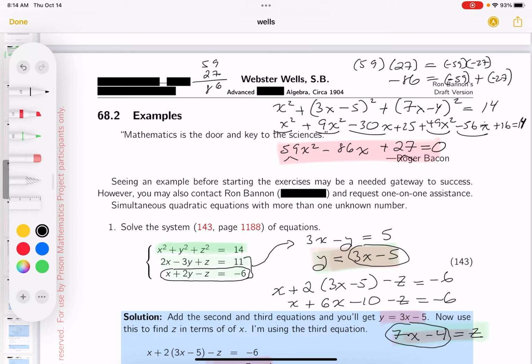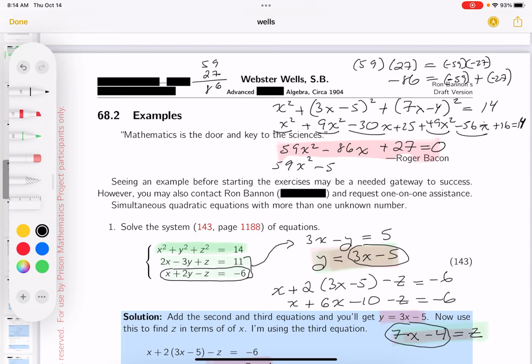Get my little eraser out. And I'm going to put this down for you. So you can get 59x squared minus 59x minus 27x plus 27 equals 0. We're not home yet. Factor out 59x from the first two terms, and you would get x minus 1.